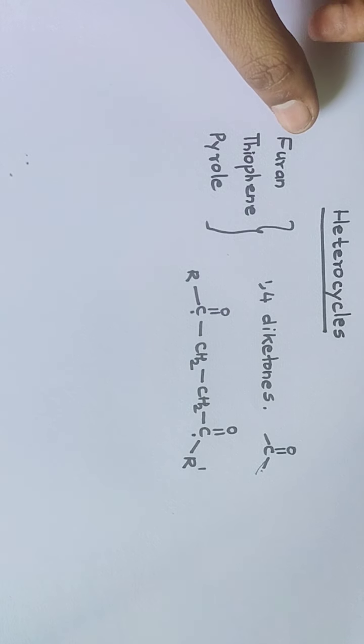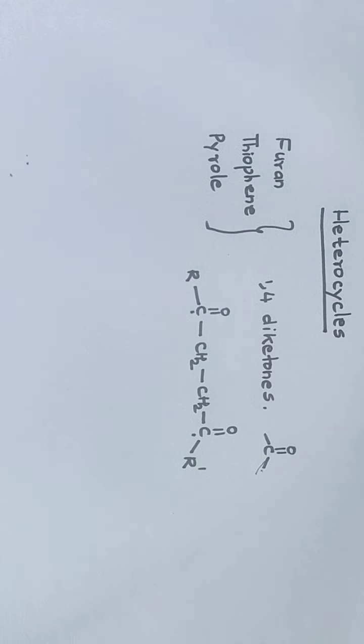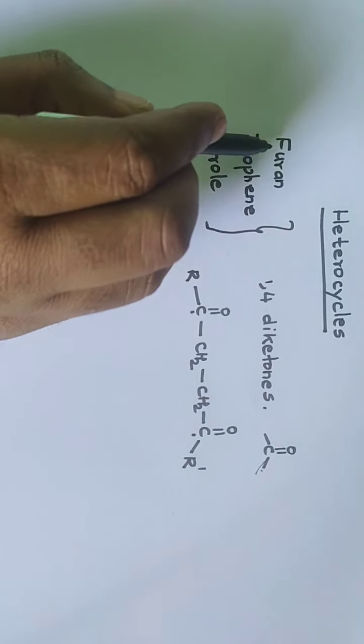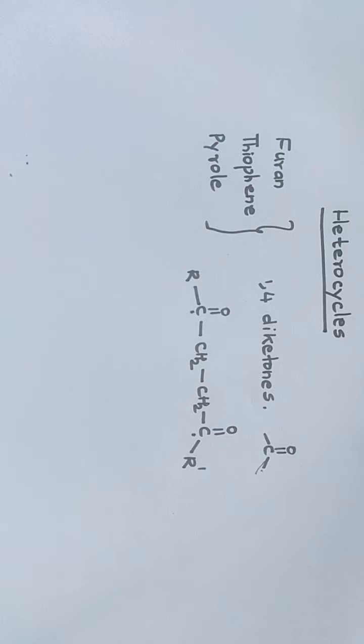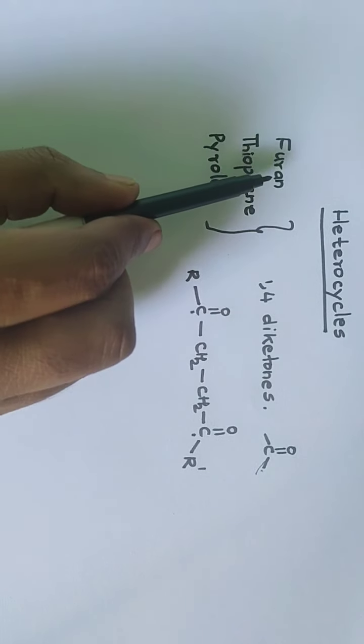The synthesis of furan, thiophene as well as pyrrole can be achieved from these 1,4 diketones. Since these are all 5-membered heterocycles, they contain 4 carbon.